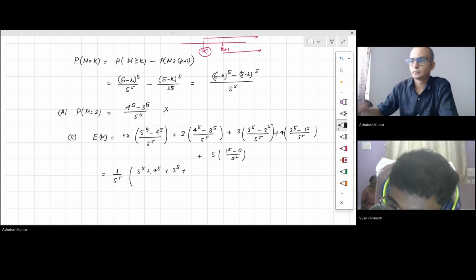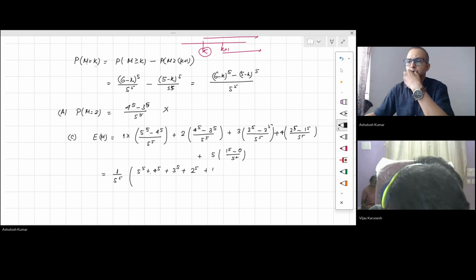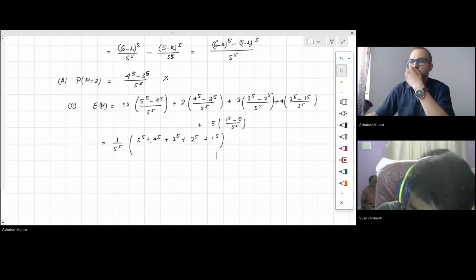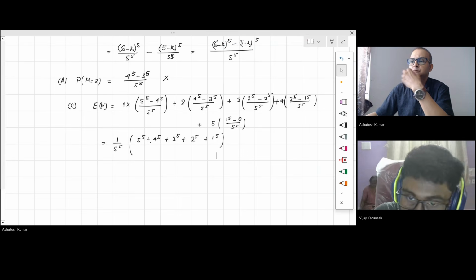And again 1 times 2 to the power 5. And again 1 times 1 to the power 5. Is it making sense? Yes, sir. So basically we have to add all of them and divide by this.